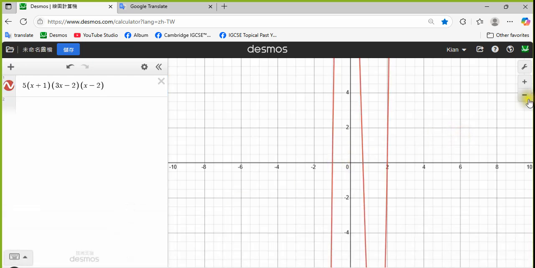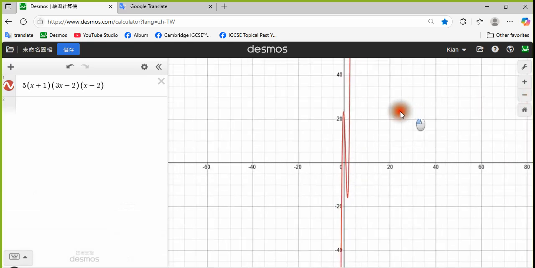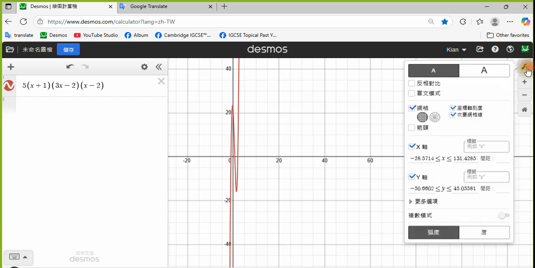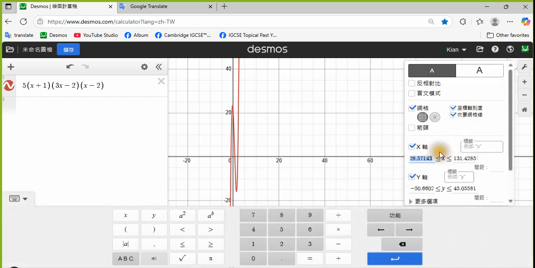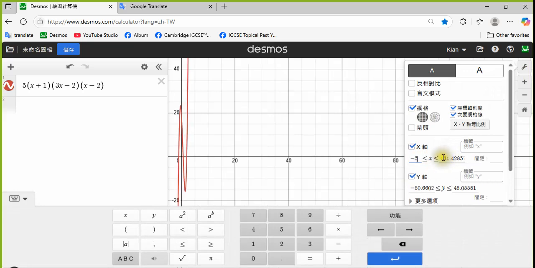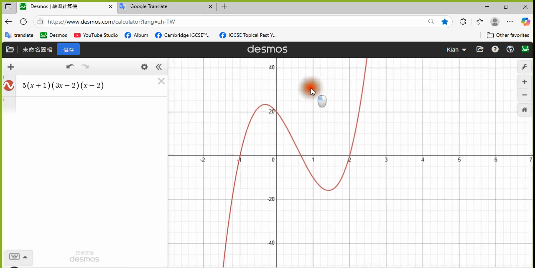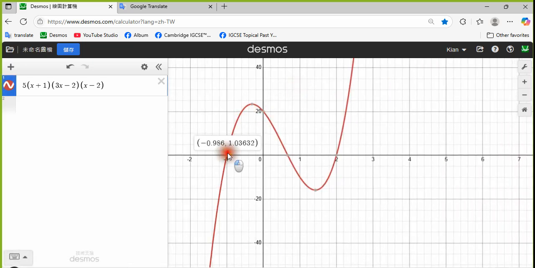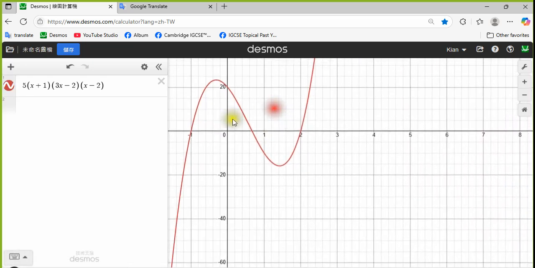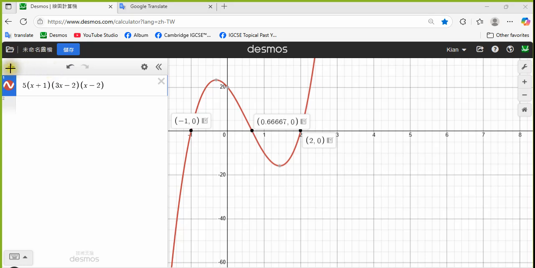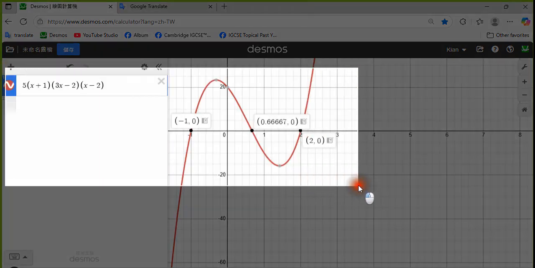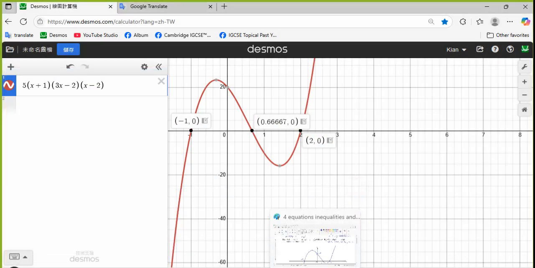So the graph will look like this. This is how the graph looks like. The shape is like this. This is the graph that we get by using decimals to check the answer.